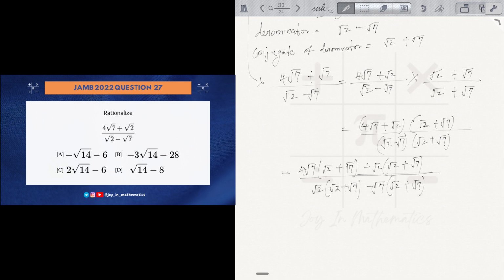Now let's remind ourselves of the principle of surds, where we say root A multiplied by root B is simply root AB, and root A divided by root B is simply root of A over B. We'll be using more of the first law.